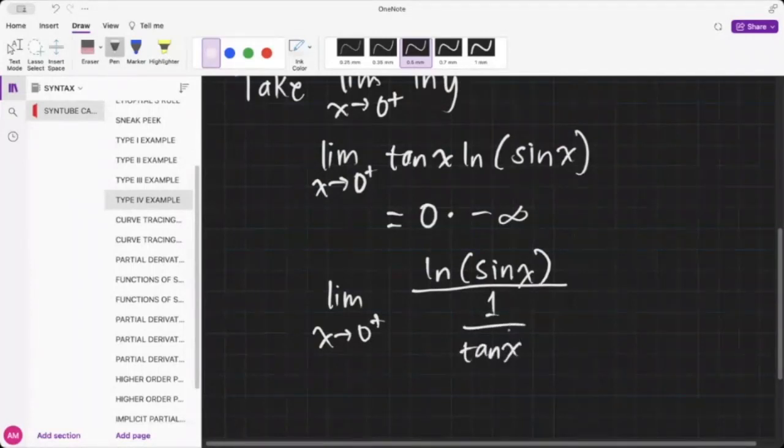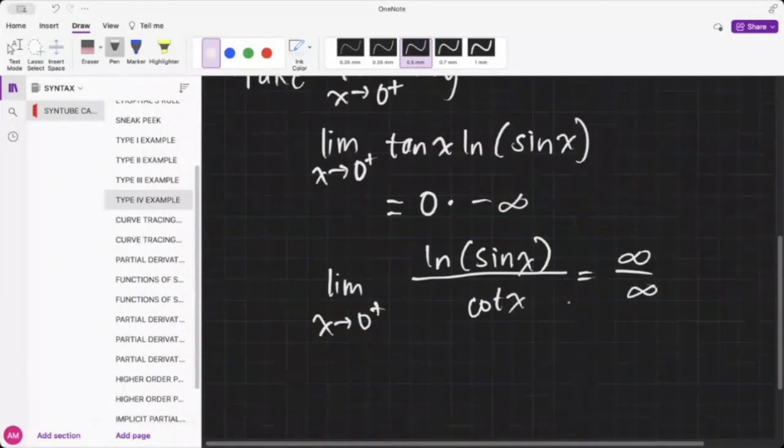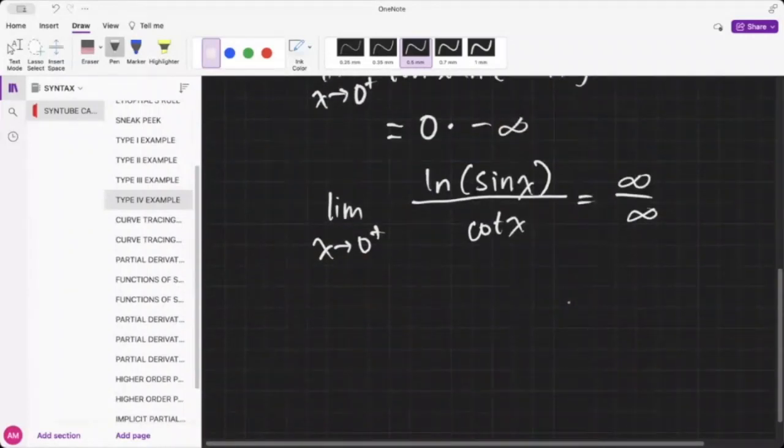If possible, convert it to make things easier. 1 over tan of x is essentially cotangent of x. So if we evaluate this, as a shortcut, you'll get infinity over infinity. So we've successfully converted it into type 1 indeterminate forms and L'Hopital's rule is now applicable.